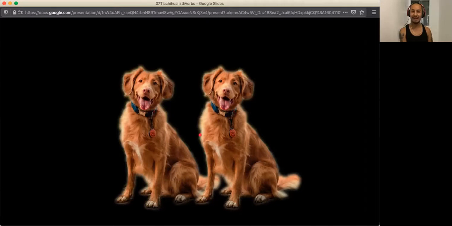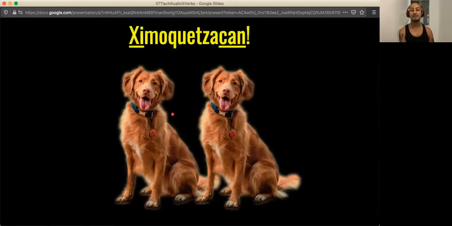Shimoketsakan. So notice, let's pretend that there was only one dog and it would be shimoketsa, right? When I say shimoketsa, the ke is the loudest, because it's the second to the last. But here, once we add the kan, now the ke is not the second to the last any longer. Now the tsa is second to last syllable.